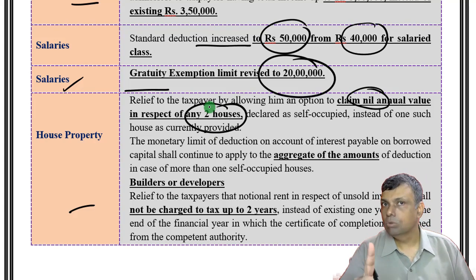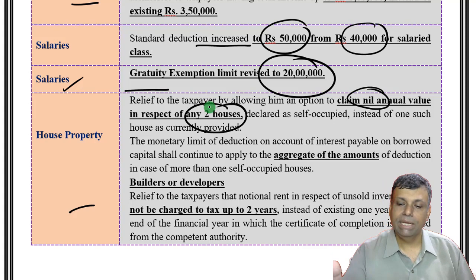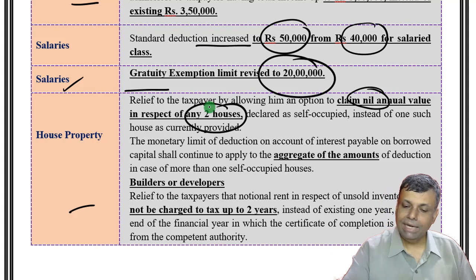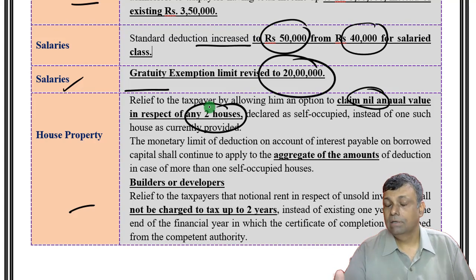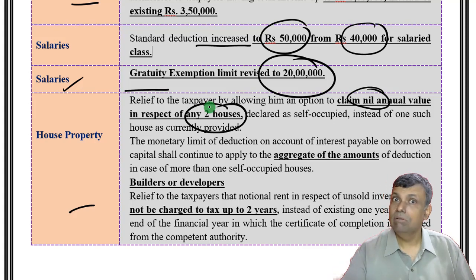Previously it was one house. Now it is two houses where annual value can be taken as nil. That was a very great benefit passed on by the government to people, particularly having two house properties, and accordingly it was a very welcome amendment.